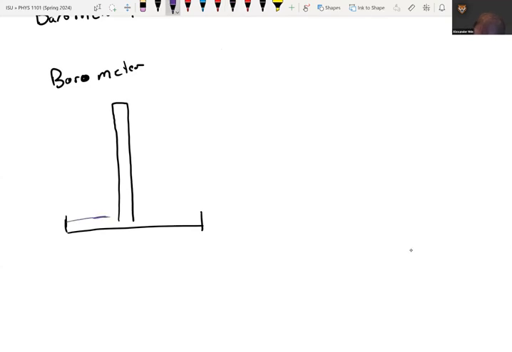Mercury is silver, but I'll just draw it in purple. And the mercury would fill up the tube like so. Why was this happening? Well, in here was vacuum. So in vacuum, pressure is equal to 0. But out here, we had pressure equals P atmospheric.